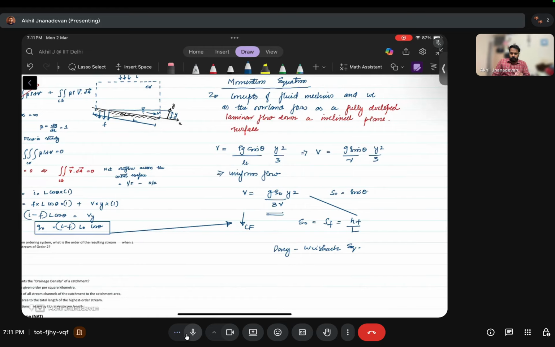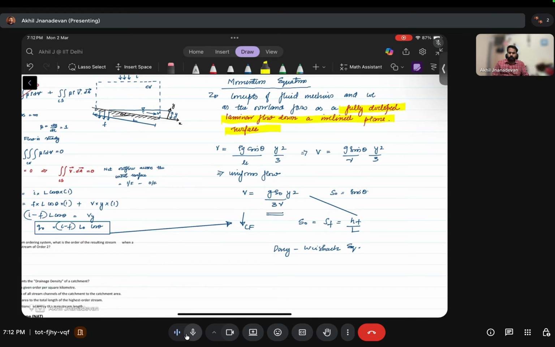The only thing that you need to remember is that it is assumed as a fully developed laminar flow along an inclined plane. This is something that you need to remember, because a similar thing we saw in the previous lecture where we were deriving the flow through the unsaturated zone.